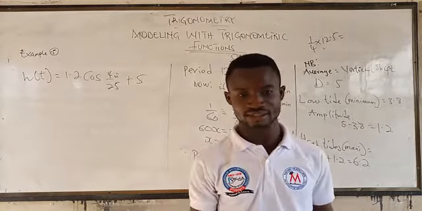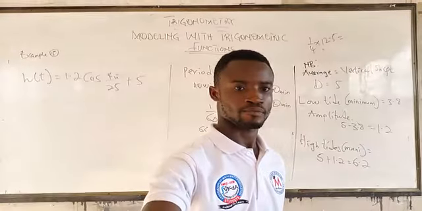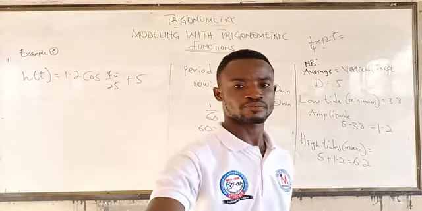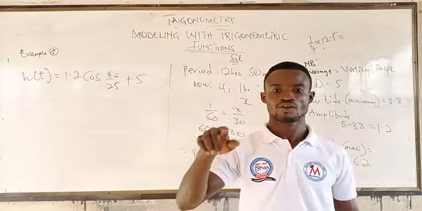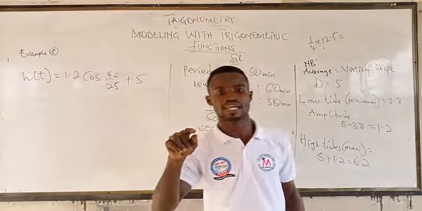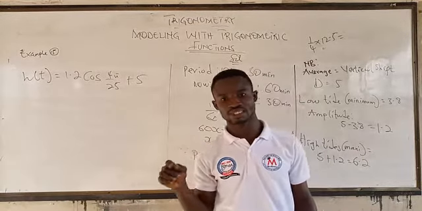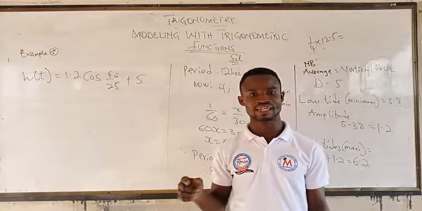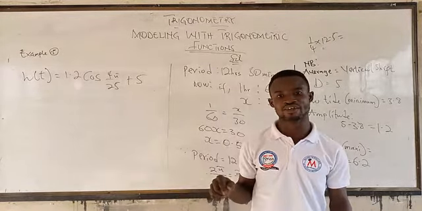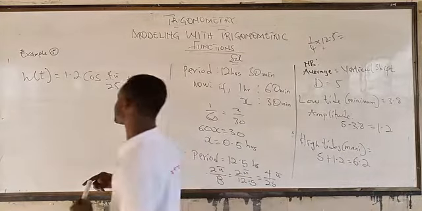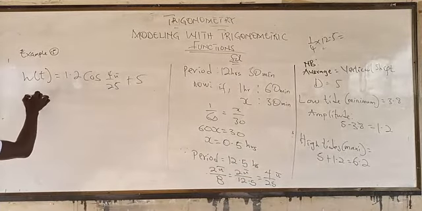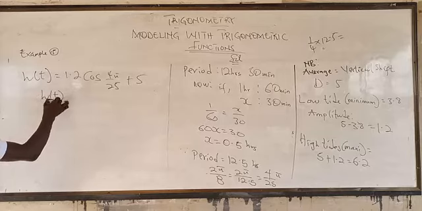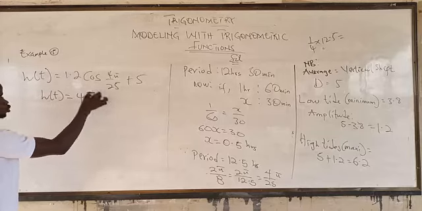Now the question is saying that we have to find the equation, model the water depth at the point, and use it to recommend time for a boat with a drop of 4.2. So this is telling us that h of t is equal to 4.2.